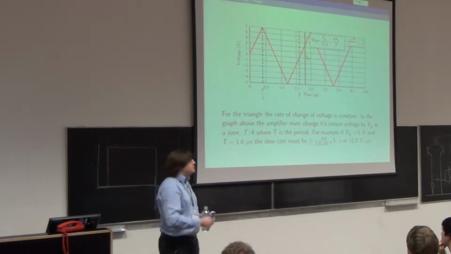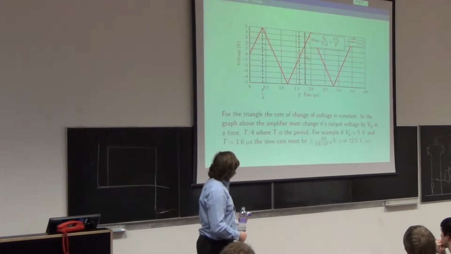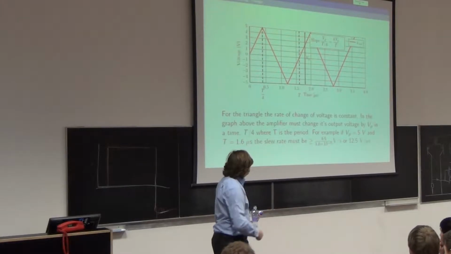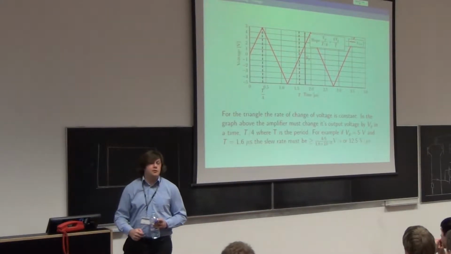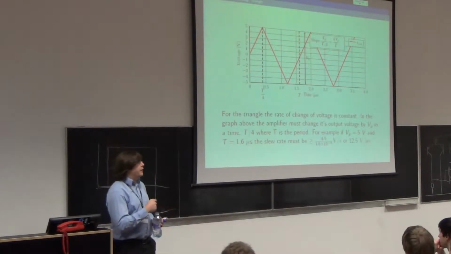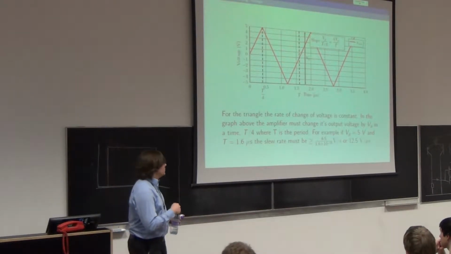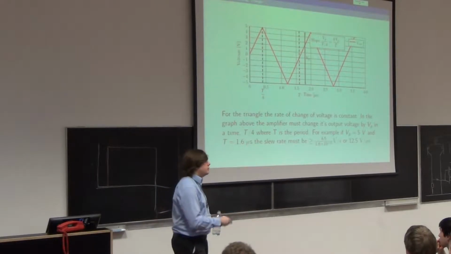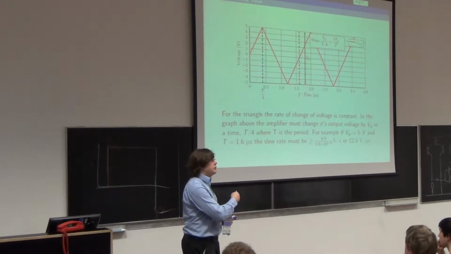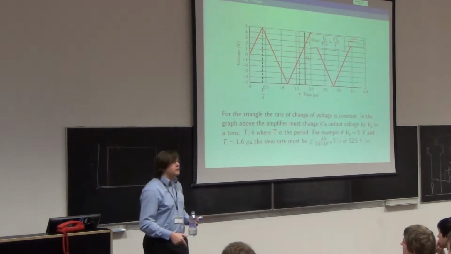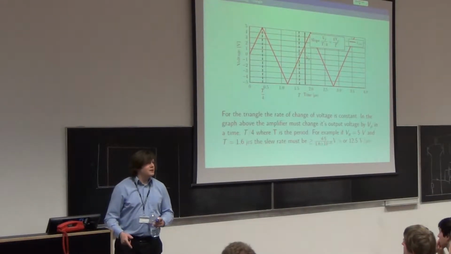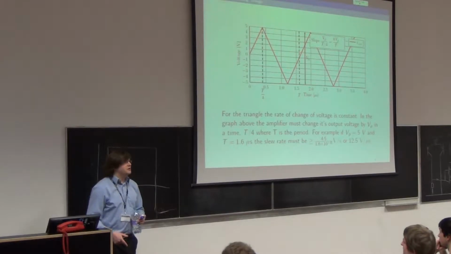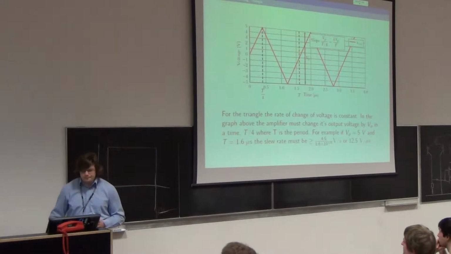The dot's in the middle, as opposed to that dot, which is at the bottom, divided by the period, so that leads you to 12.5 volts per microsecond. If you haven't managed to get 12.5 volts per microsecond out of your amplifier, you won't get a triangle with the right slope. You still get a triangle with the wrong slope. So when you look at the triangle, make sure you look twice because it isn't necessarily obvious.